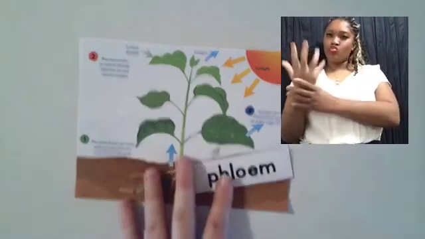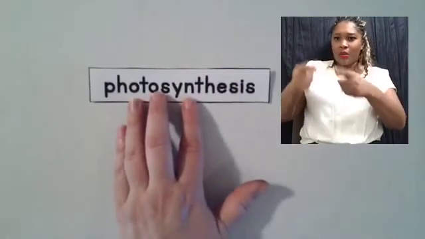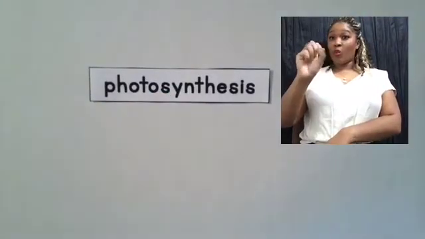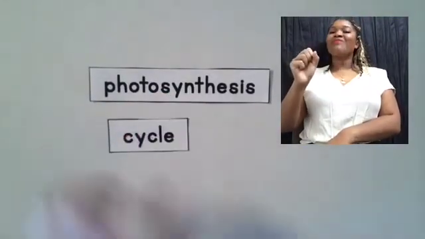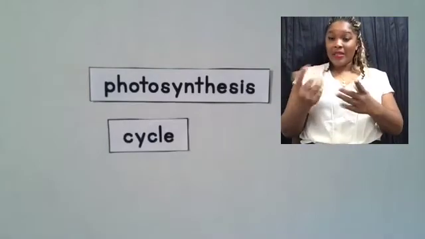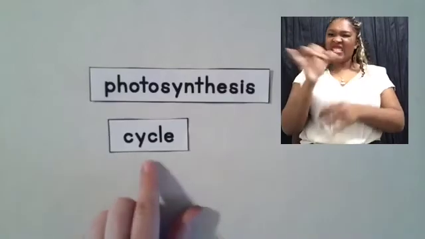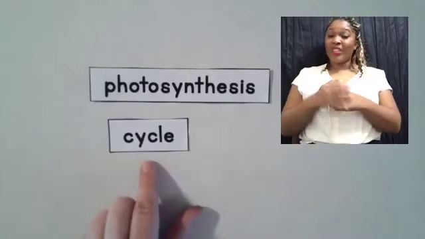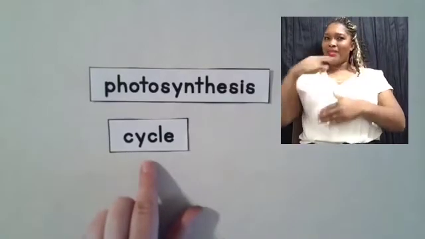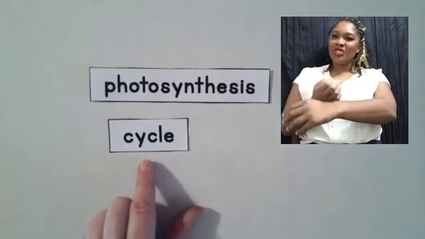This whole process of photosynthesis is a cycle because it happens again and again in the same order. And this cycle helps us to understand why plants need energy to stay alive.